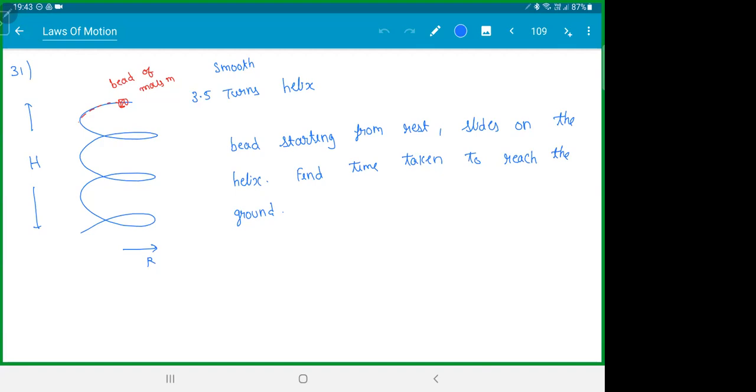Remember this. This again we'll do in circular motion. We have a helix with friction and the bead is sliding with constant velocity. So kinematics, NLM, circular motion, magnetism, you'll encounter helix 4-5 times. Think.